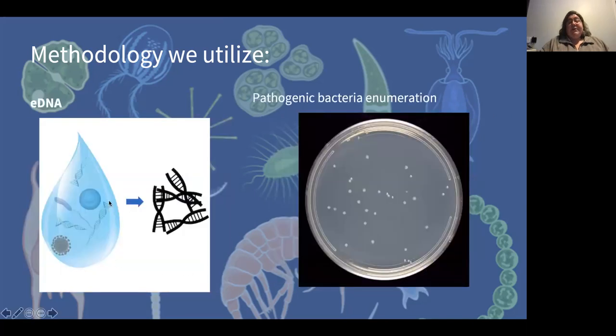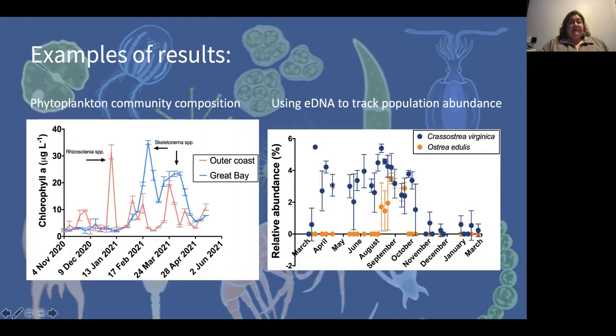We also have used eDNA to look at changes over time of different marine populations in the water column. And then we also can do pathogenic bacteria enumeration.